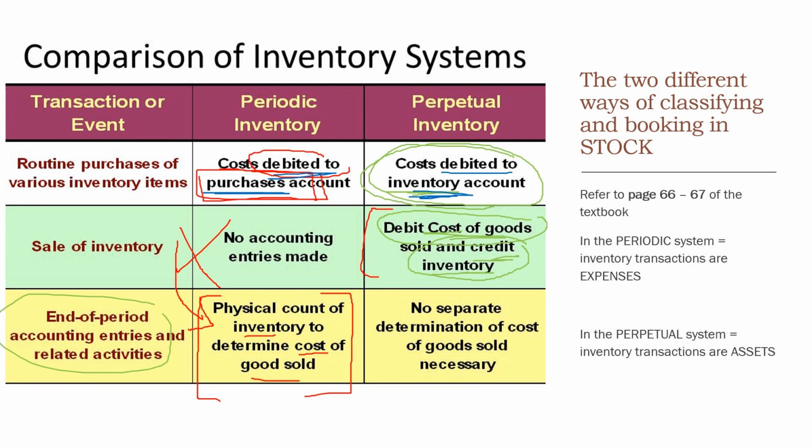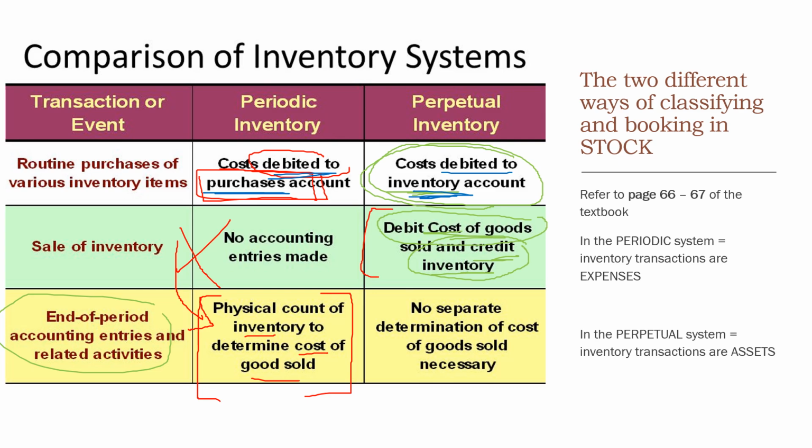So classification-wise, I'll use the A column in the accounting equation, classifying inventory as assets. In the periodic system, if I have purchases or any other costs, I'll always debit it, but those classifications are expenses. So when I book them in the accounting equation, they'll sit underneath owner's equity.